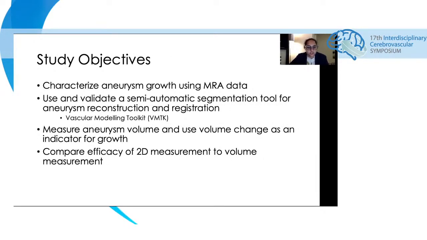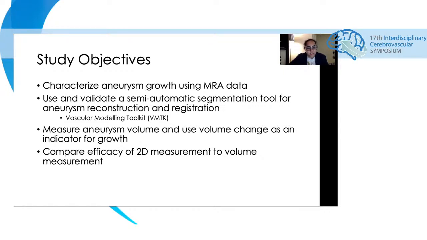So we'll do a reconstruction at baseline and follow-up imaging time points, and then co-register those two reconstructions to get a better visualization of changes in aneurysm morphology over this follow-up period. We can also measure the aneurysm volume and use volume change over that period as an indicator for growth.